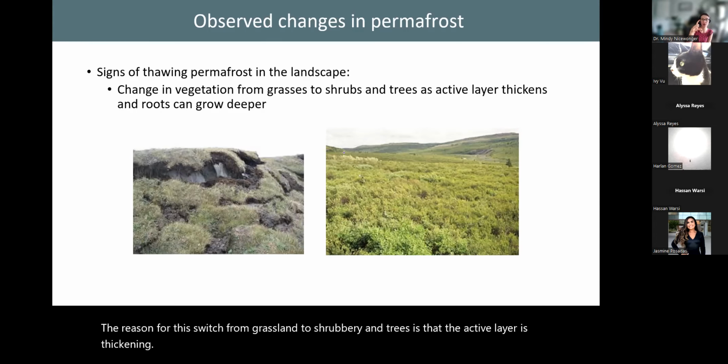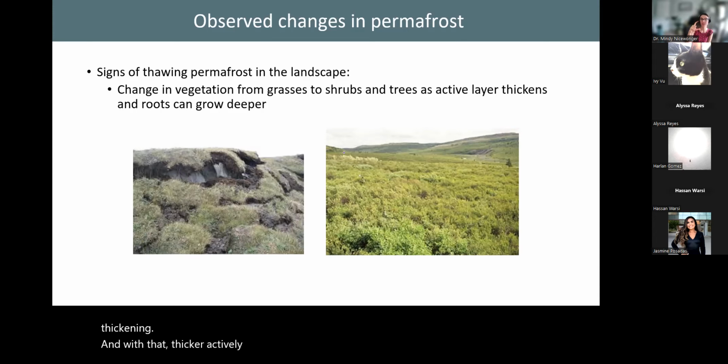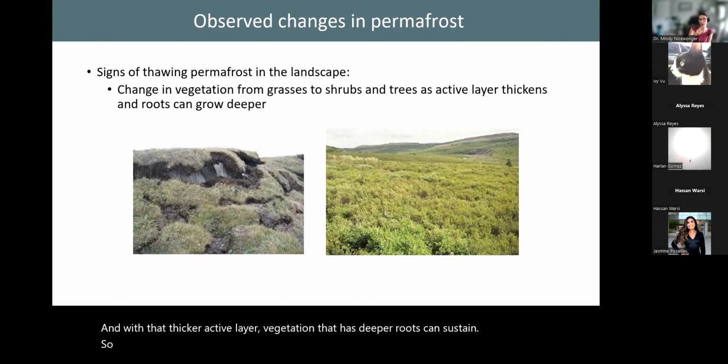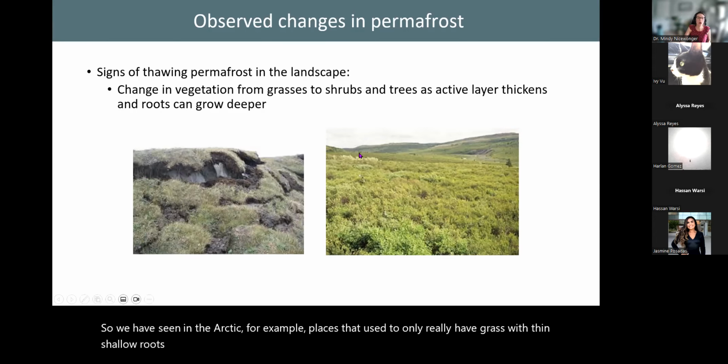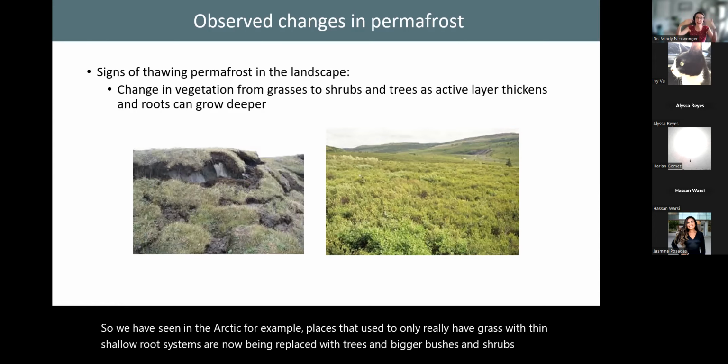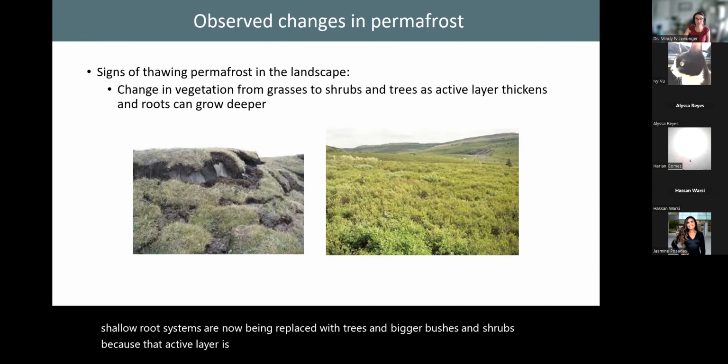With that thicker active layer, vegetation that has deeper roots can sustain. We have seen in the Arctic, for example, places that used to only really have grass with thin, shallow root systems are now being replaced with trees and bigger bushes and shrubs because that active layer is even thicker.